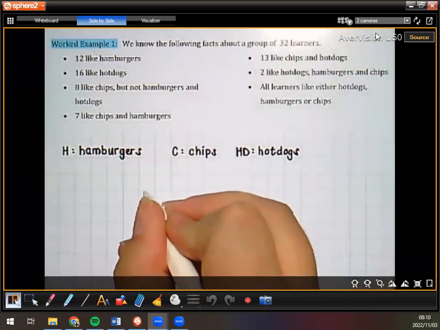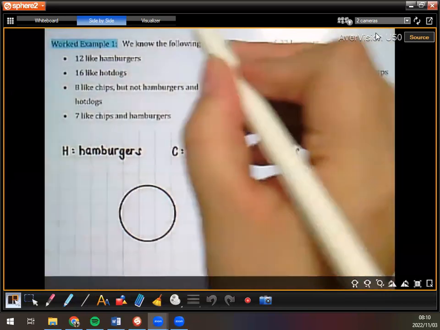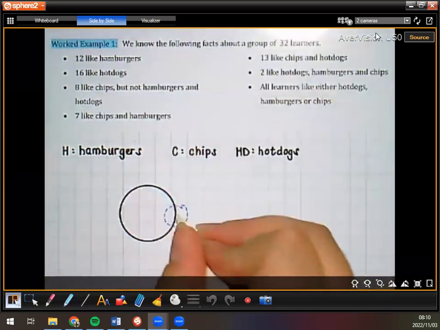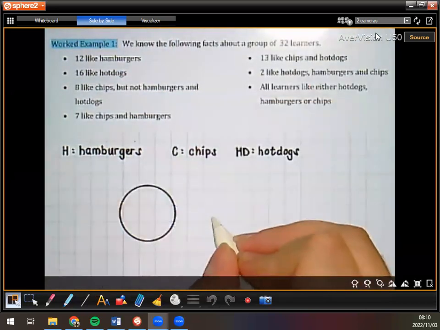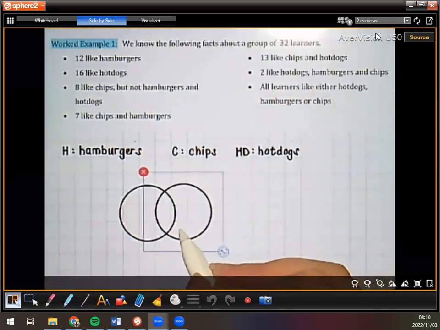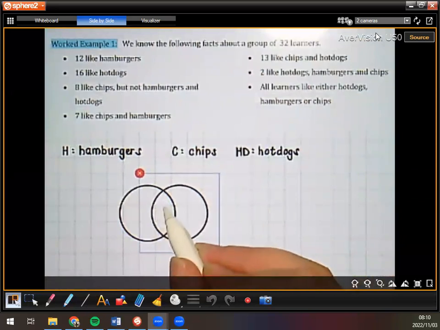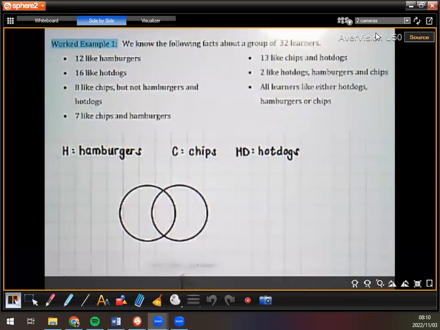We're going to draw three circles that overlap. It's a good idea to make them overlap quite a bit so that you have some space to write there as well.